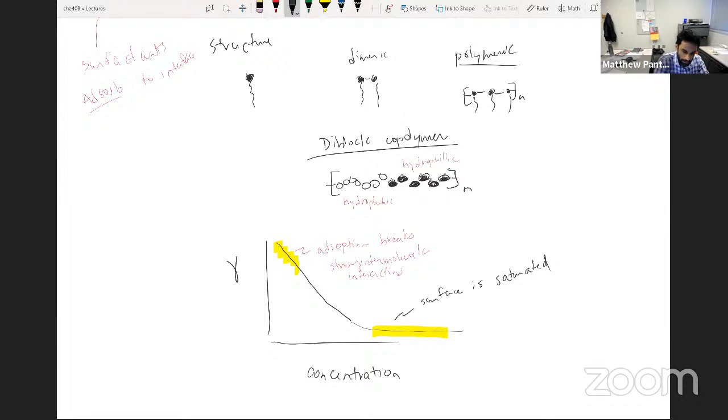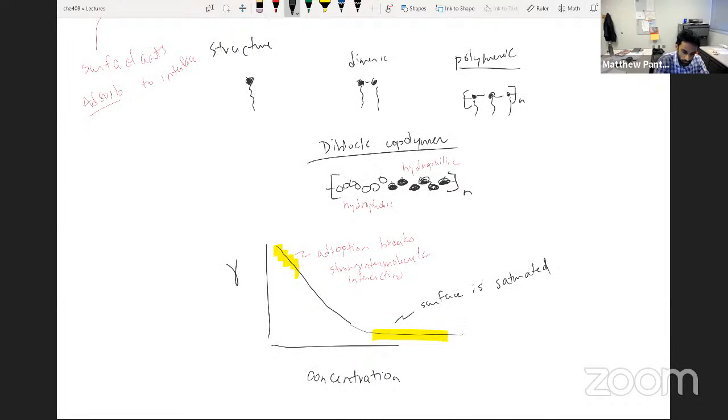And in that case, the additional surfactant molecules are dissolved in solution.